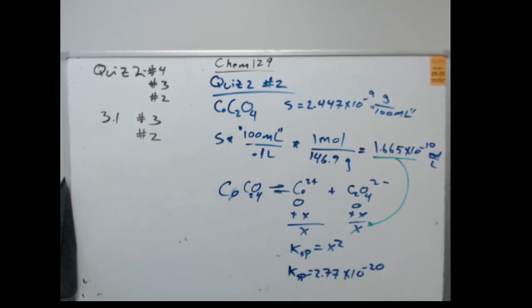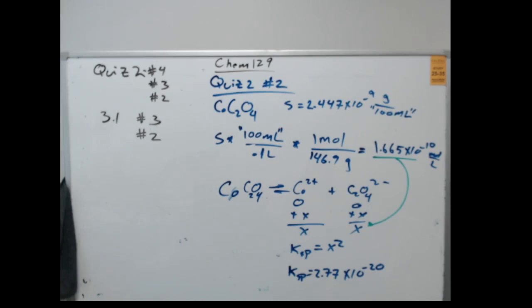Now, is that a reasonable answer? I'm going to check the equation sheet. Does this happen to be on the equation sheet? No. So I couldn't look it up there, but I'm going to go ahead and look it up because I don't know if this is reasonable. Now I've seen KSPs this small before, so I'm like, yeah, it's possible.